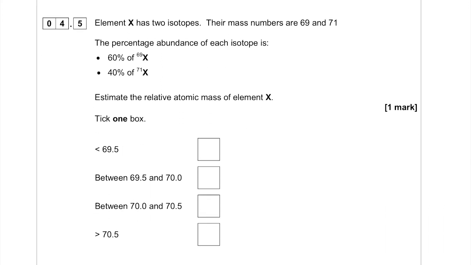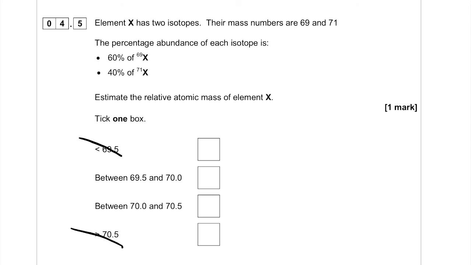Now we have element X, which has 2 isotopes, 69 and 71. 60% is 69, 40% is 71. So find the relative atomic mass. It is not 69 or 71, because the weighted average of them cannot be the extremes, so we're ignoring these 2.